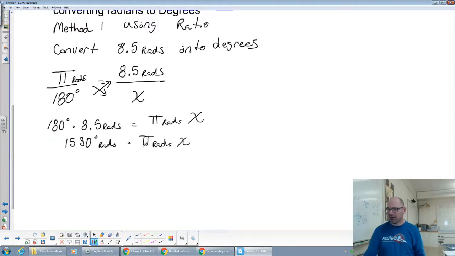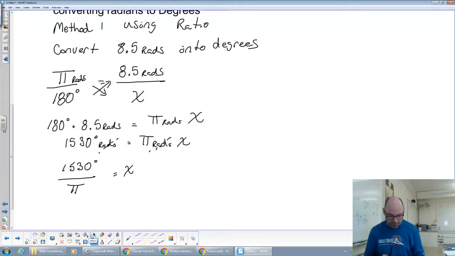Then we have to divide both sides by pi to get x by itself, and that's going to eliminate the radians on both sides. Right, and we're going to be left with 1530 degrees over pi, because we'll cancel out the radians, is equal to x.